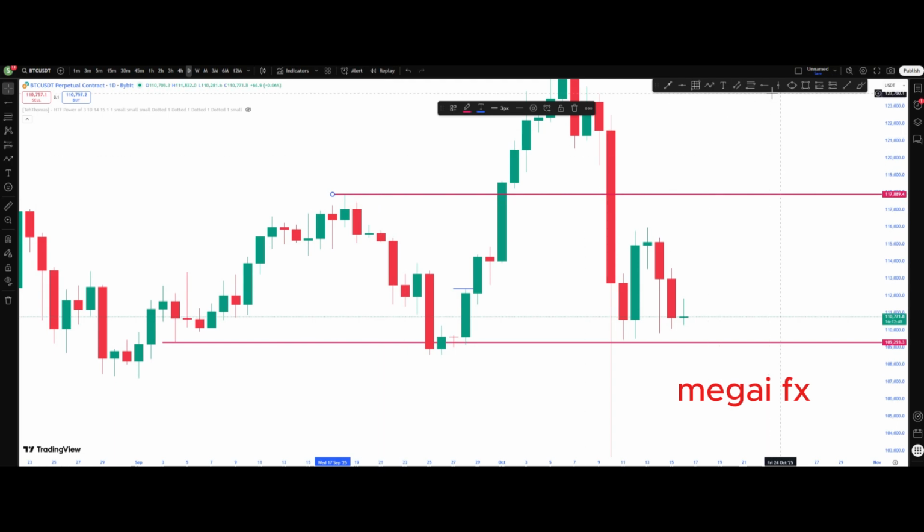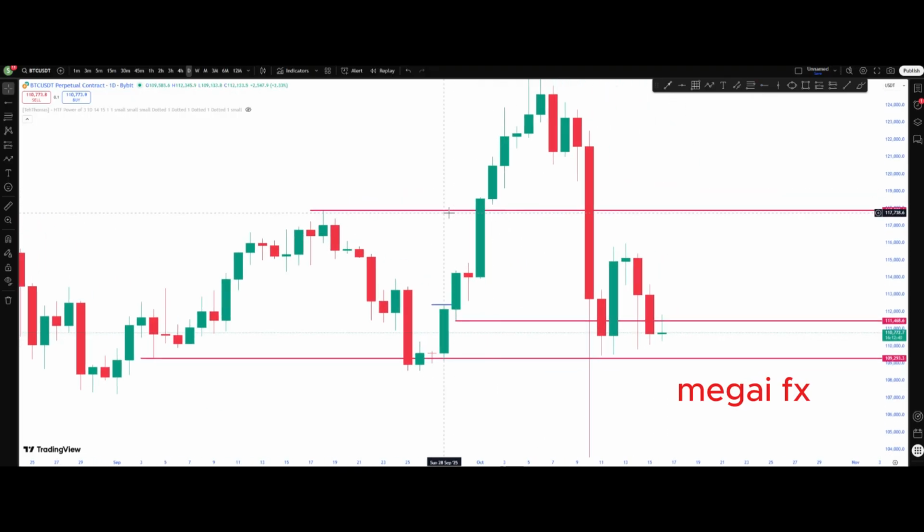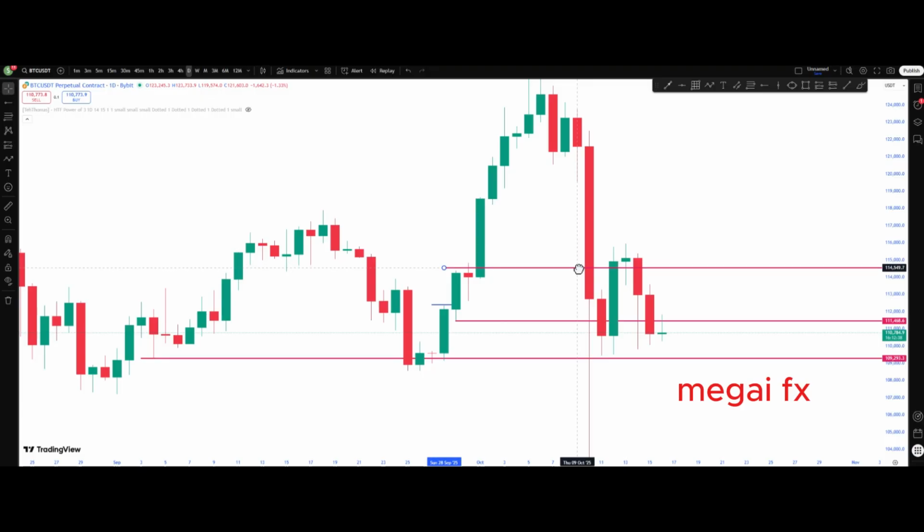So how do we trade this? We now mark the low of this candle and the high of this candle. Are you seeing it? So this is the range we are working with now. From here to here is what we are working with.